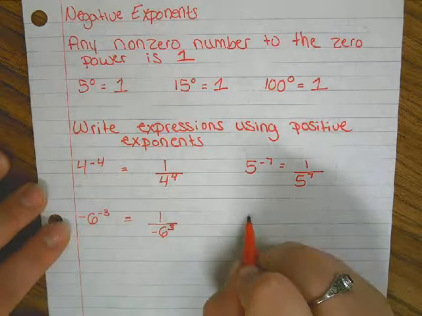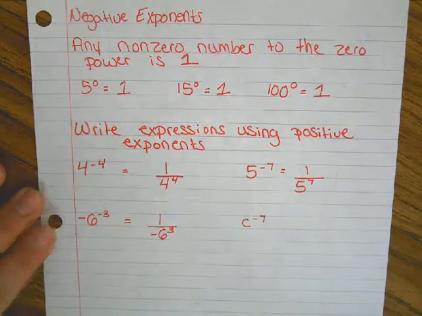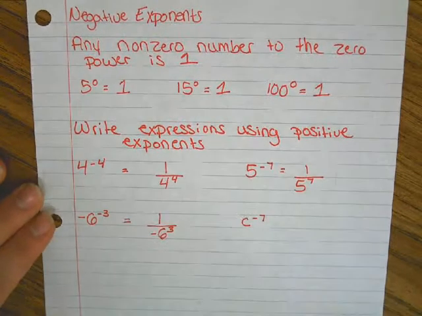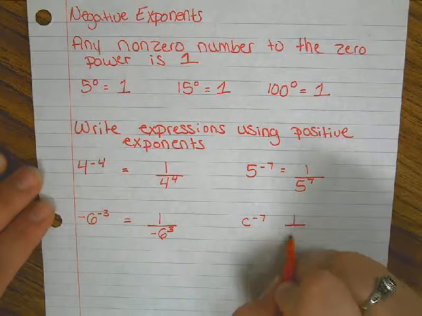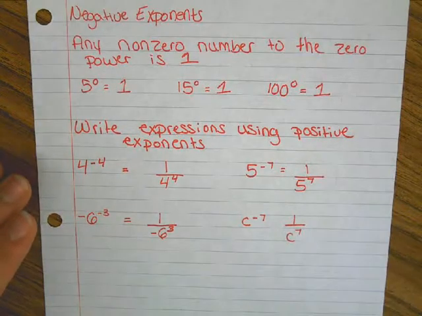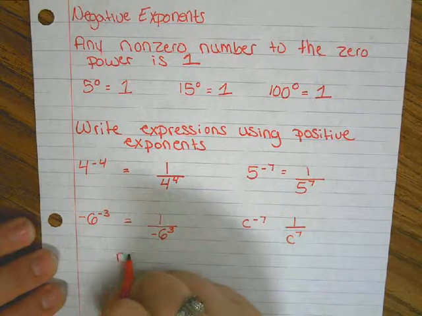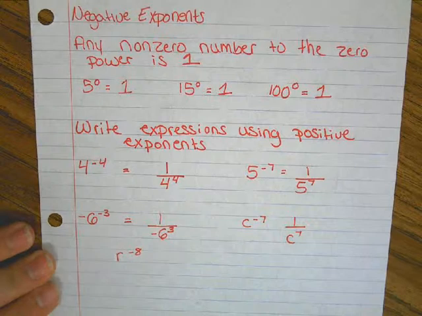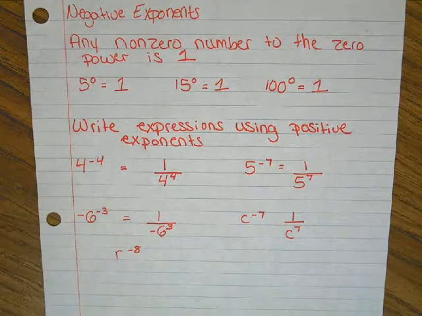What about c to the negative 7th? Angel? 1 over c to the 7th. Derek, are you taking notes or are you laying your head down? R to the negative 8. Is that a question, Zeke?